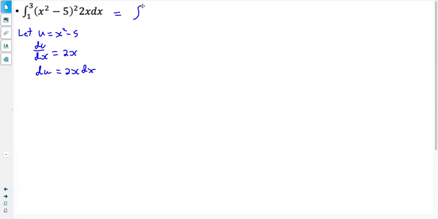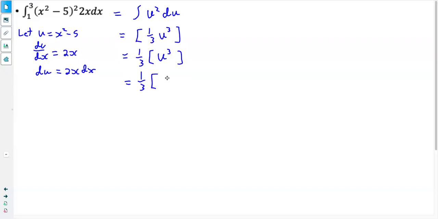So this will equal our integral of u squared du. So that'd be 1 over 3 u cubed. Now I would move the 1/3 out, so that would be 1 over 3 u cubed. And then we'll substitute in our equation for u. So we've got 1/3 times x squared minus 5 cubed. Now we're going from 1 to 3.